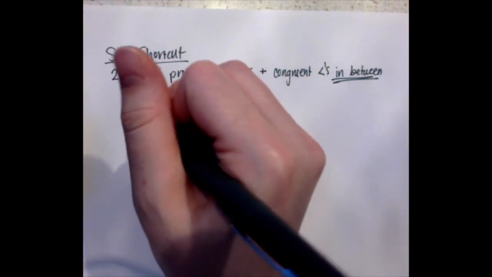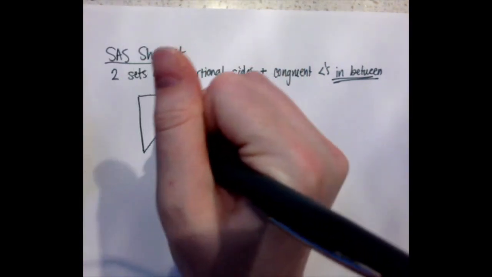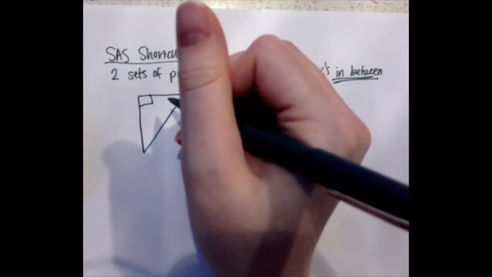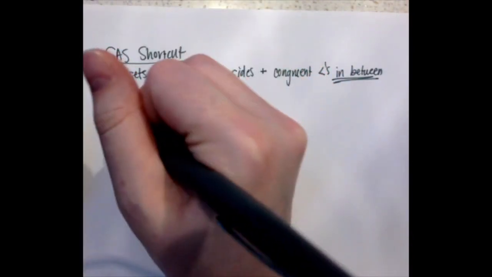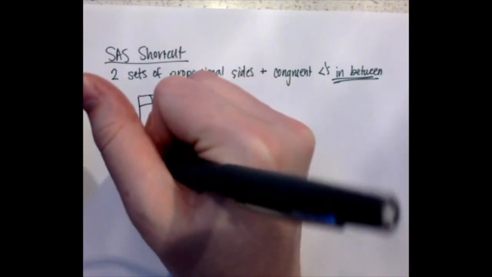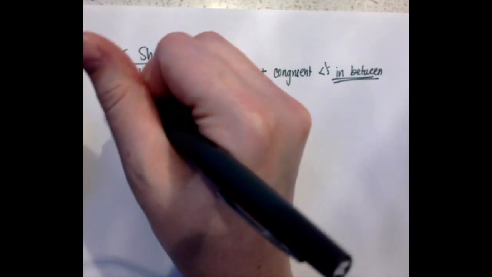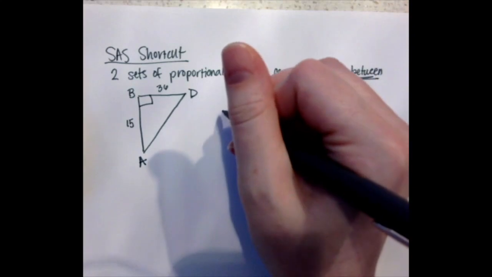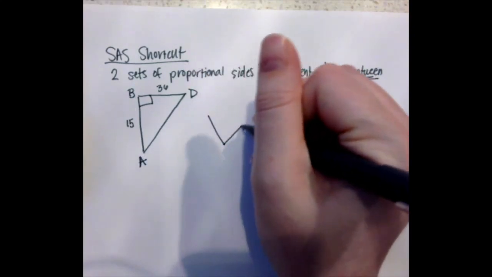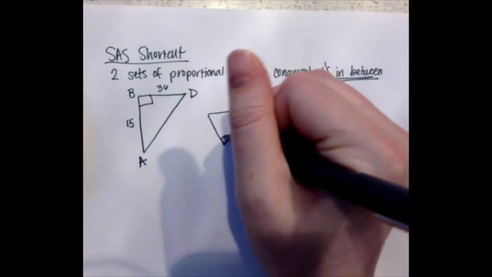So let's say we have a triangle like this with a right angle, and we have 36 up here, 15, and A, B, D. And then we have another triangle. This one also has a right angle.